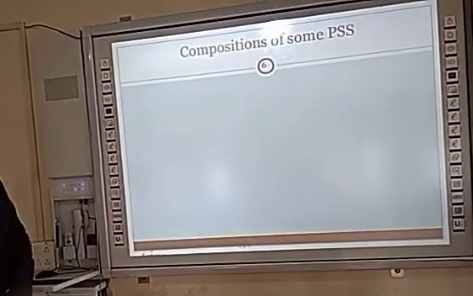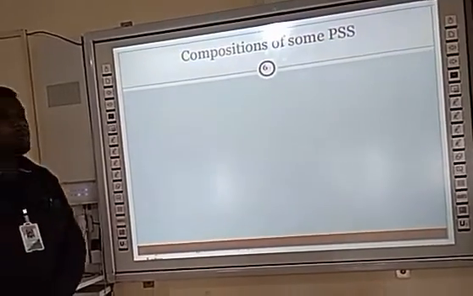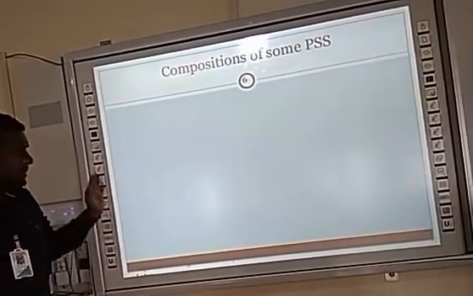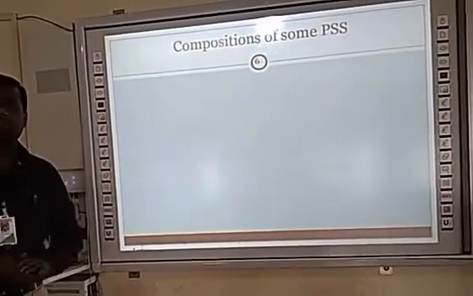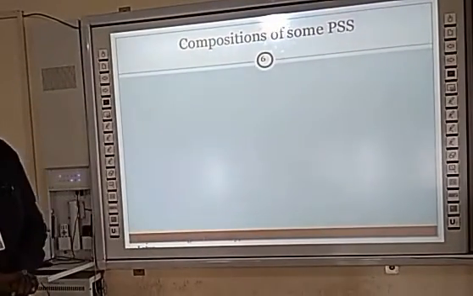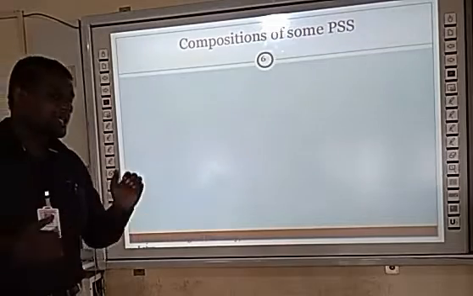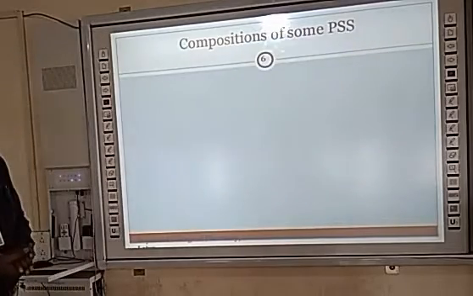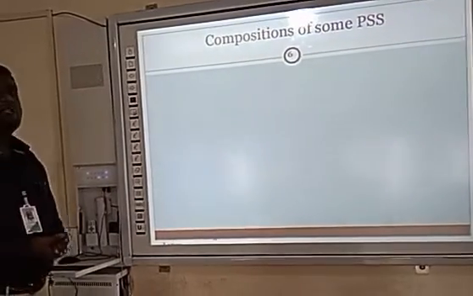Next we will discuss the compositions of these various types of physiological salt solutions. What are the various components of each physiological salt solution?